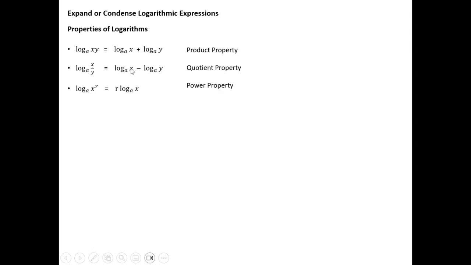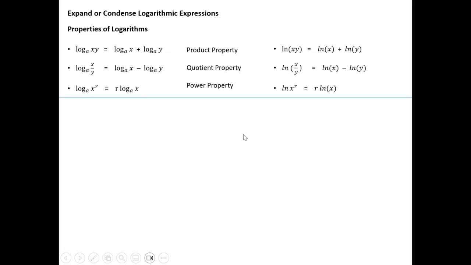So log a of x minus log a of y. If you have a power, the power will go to the front. So you have log of base a of x to the power of r. The exponent, the r goes to the front. And similar with the Ln functions, which are the natural logs.